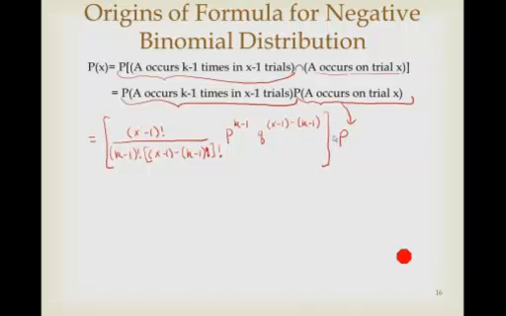So we multiplied everything all out here, and this can simplify to some extent as x minus 1 factorial all over k minus 1 factorial times x minus k factorial times p, look at that, p got multiplied there, to the k, and q to the x minus k, because we're getting rid of the 1 there.